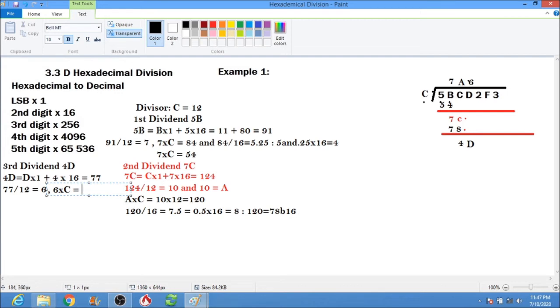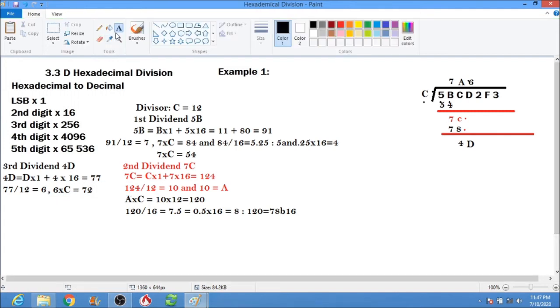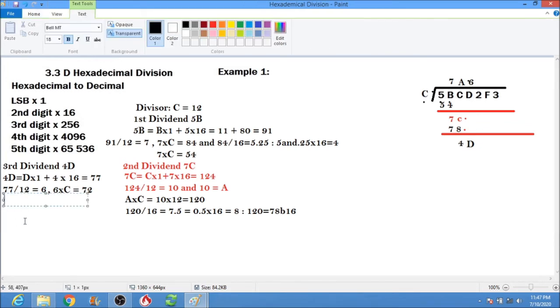6 times 12 is 72. So that will be 72. And then 72 converted to hexa. So 72 divided by 16 is 4.5, and 4.5 becomes 4, and 0.5 times 16 is 8.